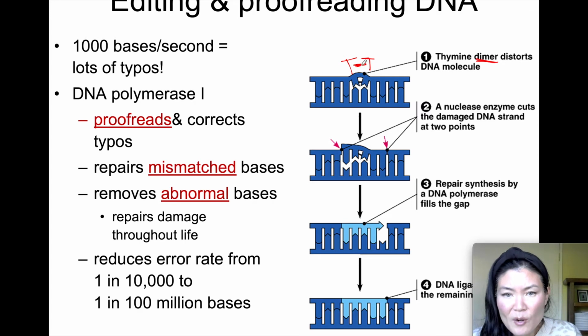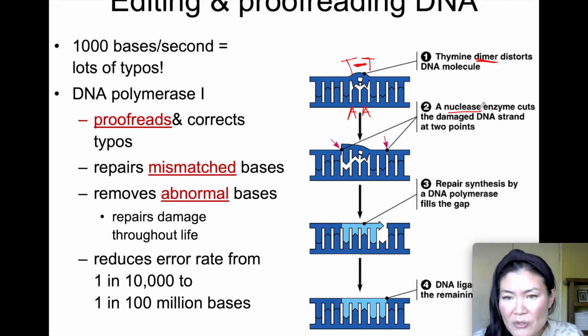And when they form a covalent bond, that's not good because it causes the DNA to fold, or bend, I should say, and when it bends, then the thymines cannot form hydrogen bonds with the complementary adenines opposite to it. And so what's going to happen is that a nuclease enzyme is going to cut the damaged ones and then repair it. DNA polymerase 1 will come in and repair the damage, okay?